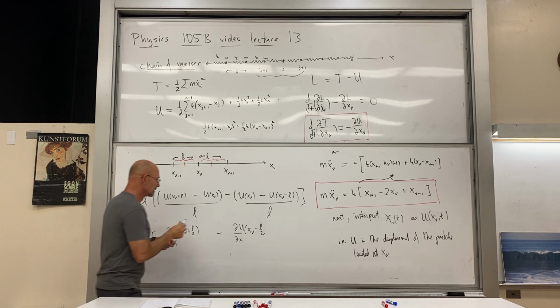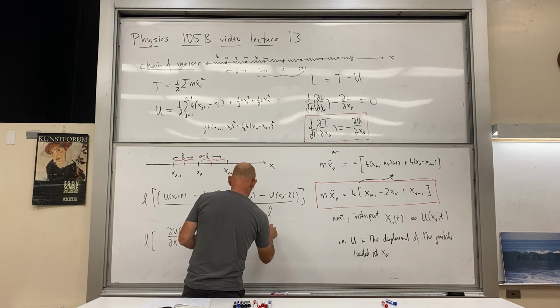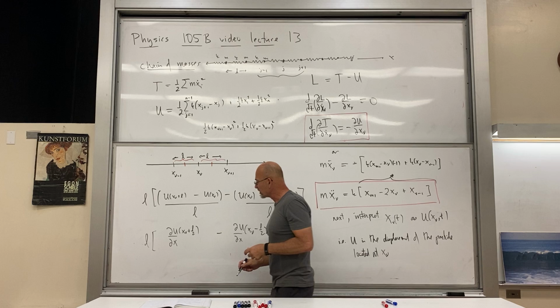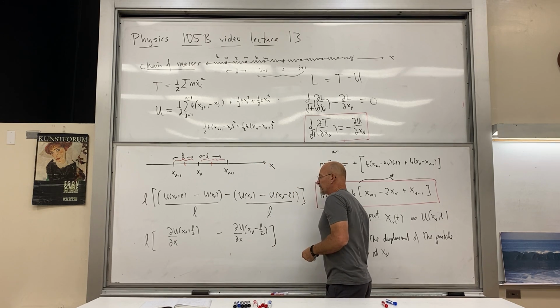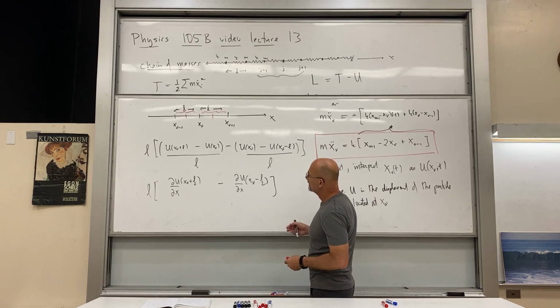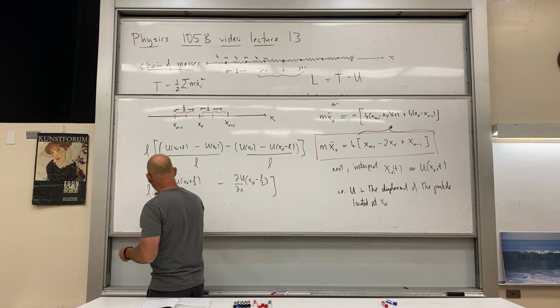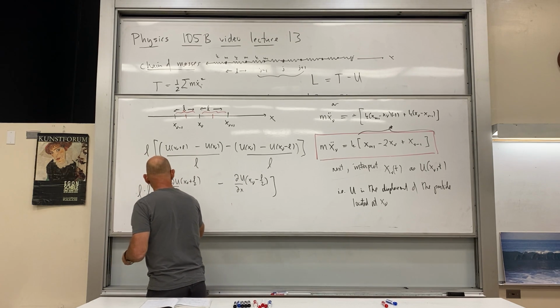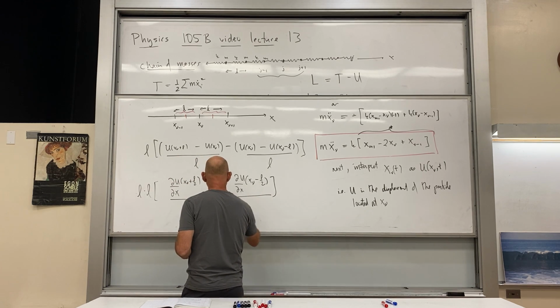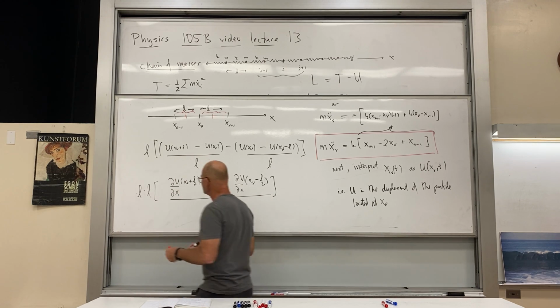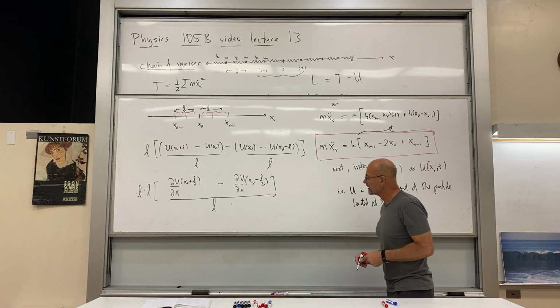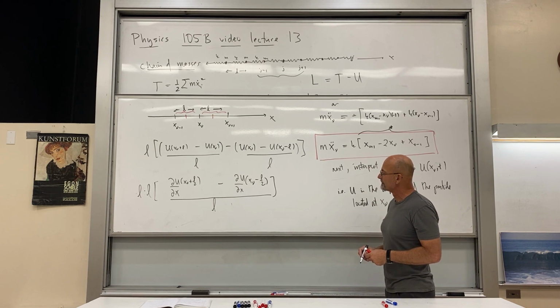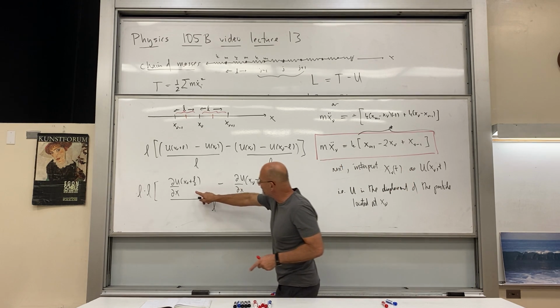Okay. And close bracket. And now I'm going to work on this expression right here by multiplying and dividing by L again. Like that. And this is again a derivative.